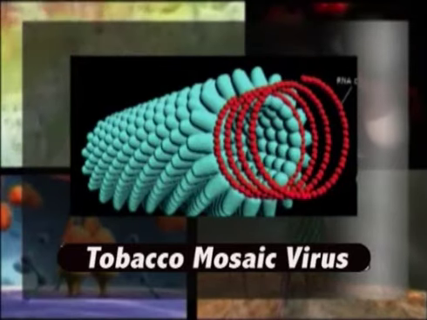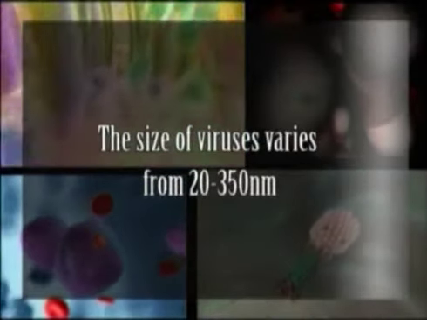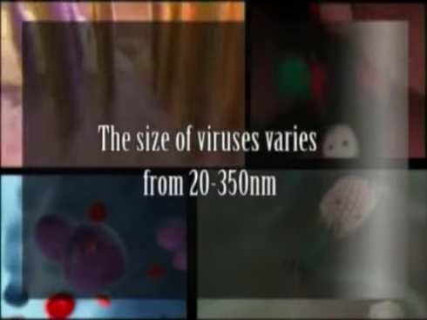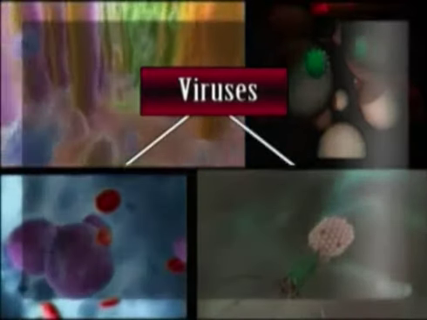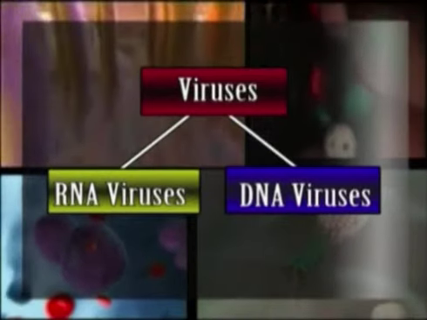Viruses were purified in crystalline form by Stanley in 1935, and the complete virion was studied by F.C. Bowden. The size of viruses varies from 20 to 350 nanometers. On the basis of their nucleic acid, viruses are of two types, namely RNA viruses and DNA viruses.